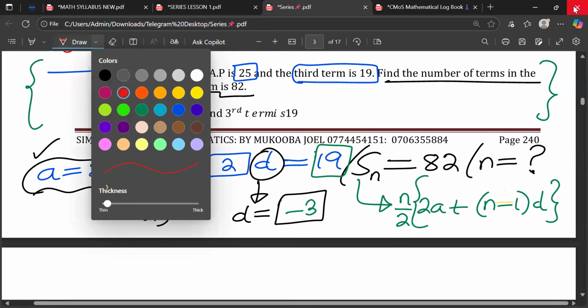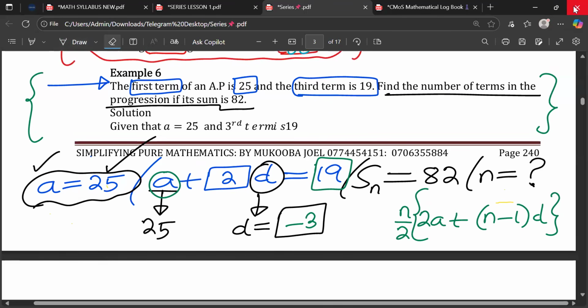Now they are telling us that this one is 82, so let's equate it here. This a is 25. This d is negative 3.